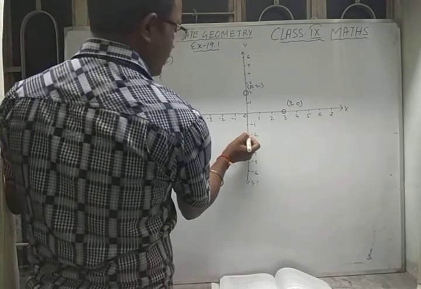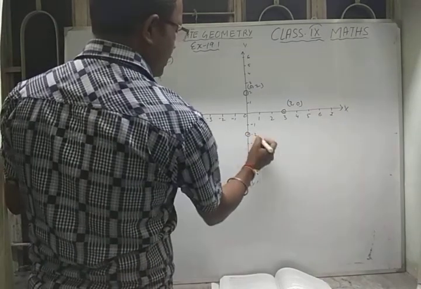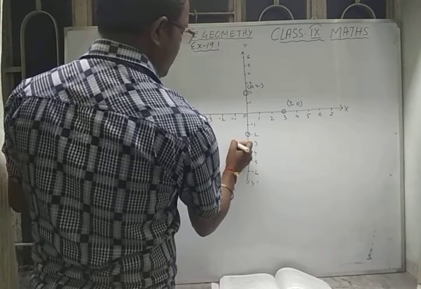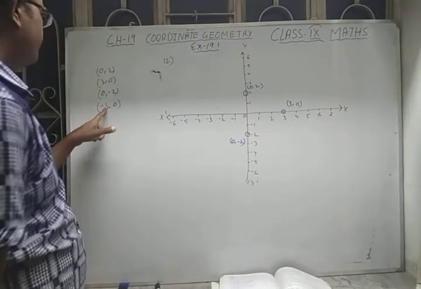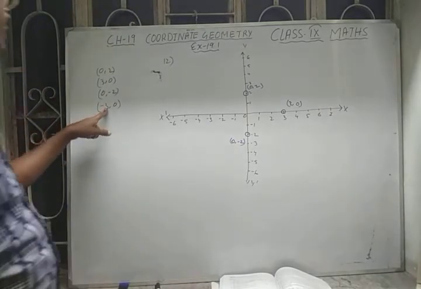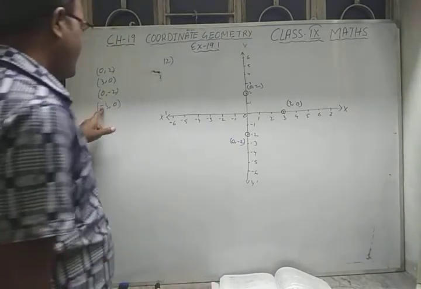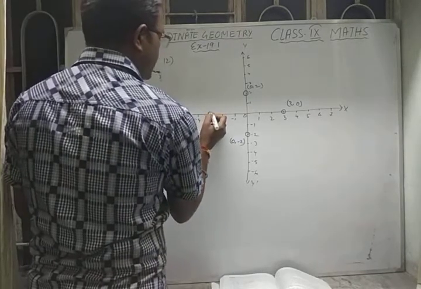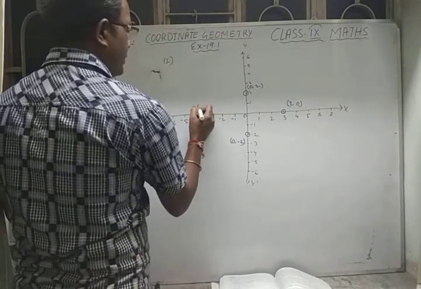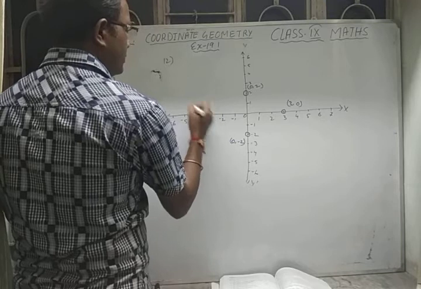That means it will lie on the y-axis. So here is the point (0, -2). Now you have to plot (-3, 0). So x is -3, y is 0. It will lie on the x-axis, so it will be (-3, 0).